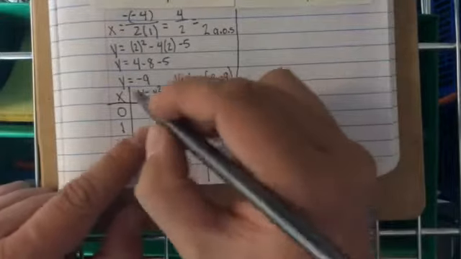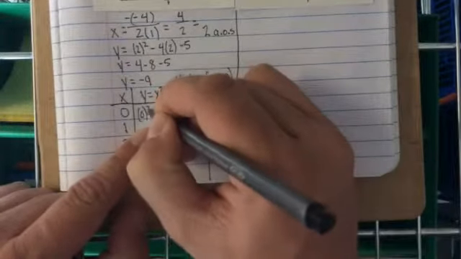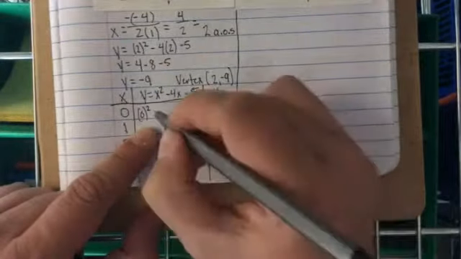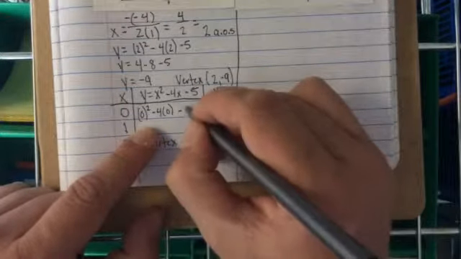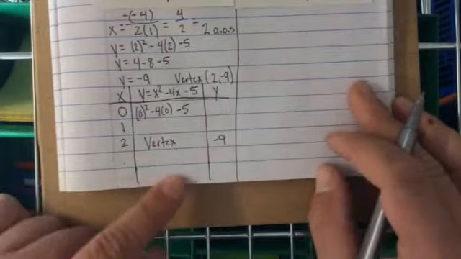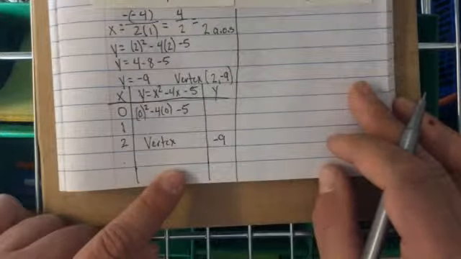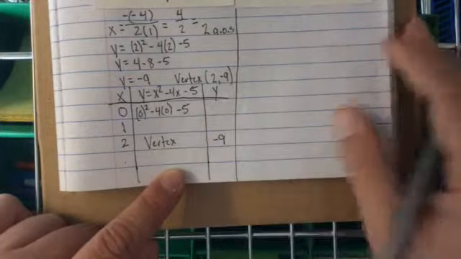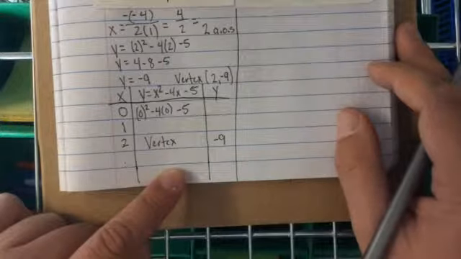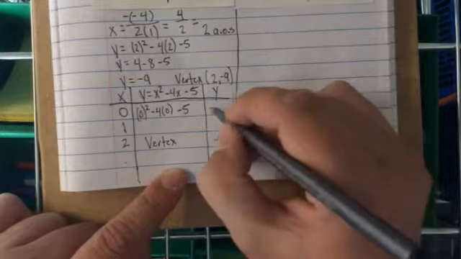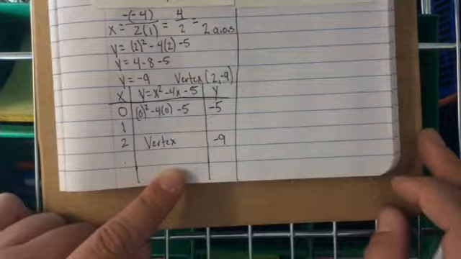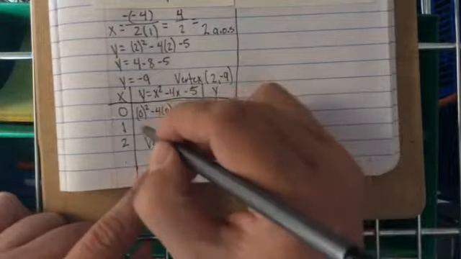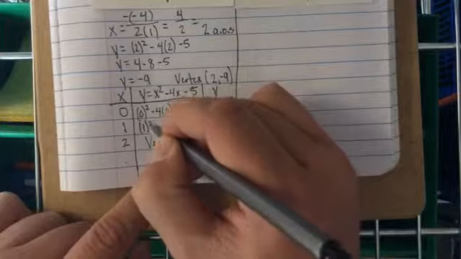So we're going to substitute that in. So we have 0 squared minus 4 times 0 minus 5, which is -5. Simple enough. Let's go ahead and substitute 1 in instead of 0.